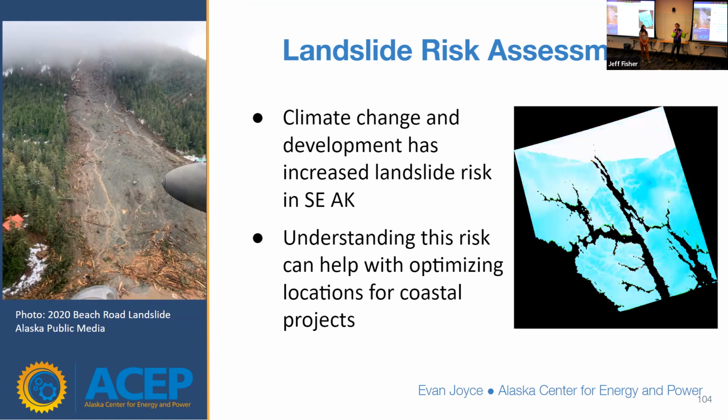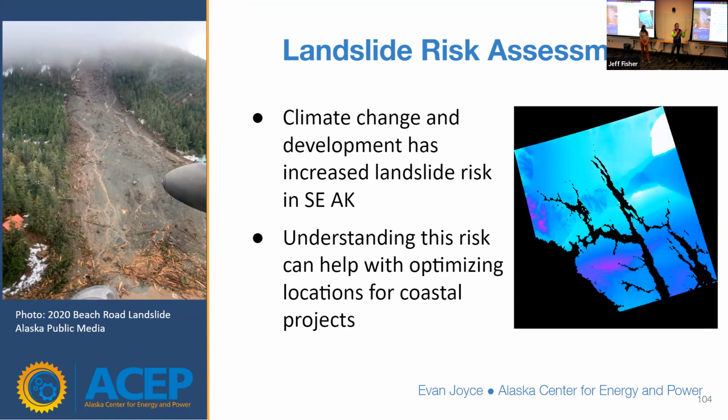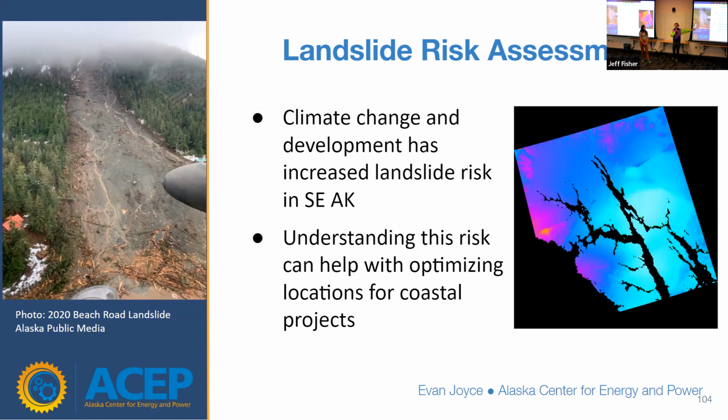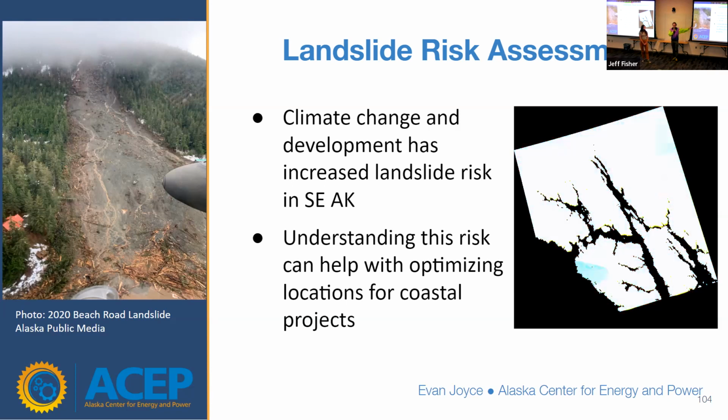That really was shown with the 2020 Homer landslide that killed 2 people. So trying to understand this risk at a larger scale so that we can cover more communities is really important. This little animation is just of the big storm that came in around December that caused the landslide.